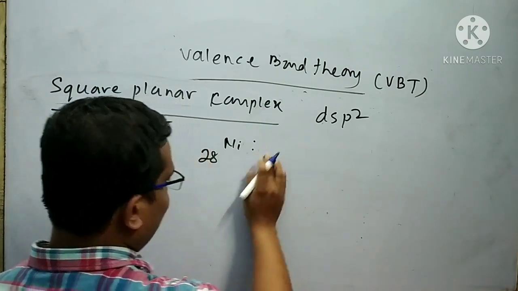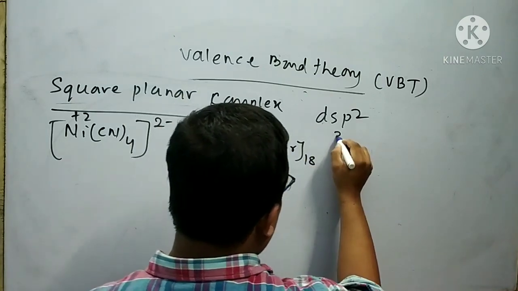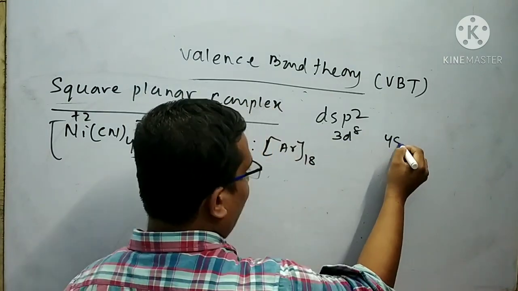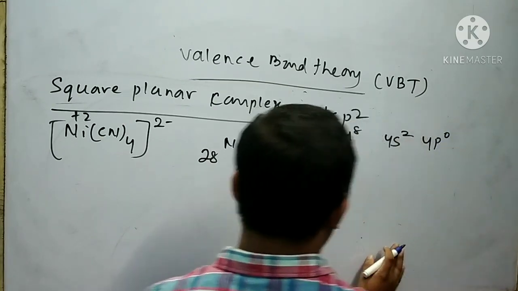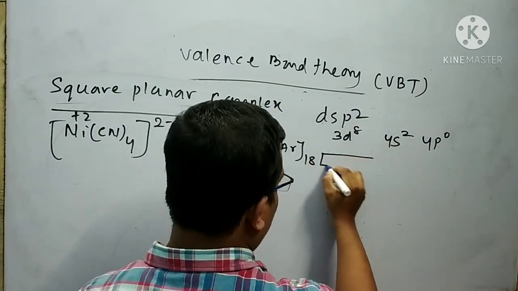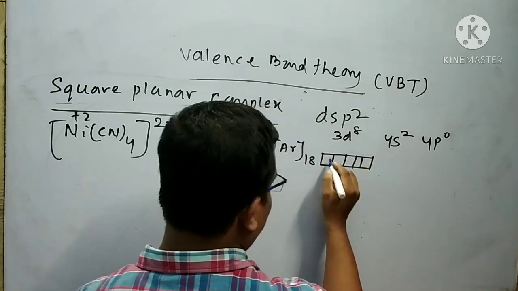So the electronic configuration of nickel is argon 18, 3d8, 4s2, 4p0. The electrons of 3d are present like this.